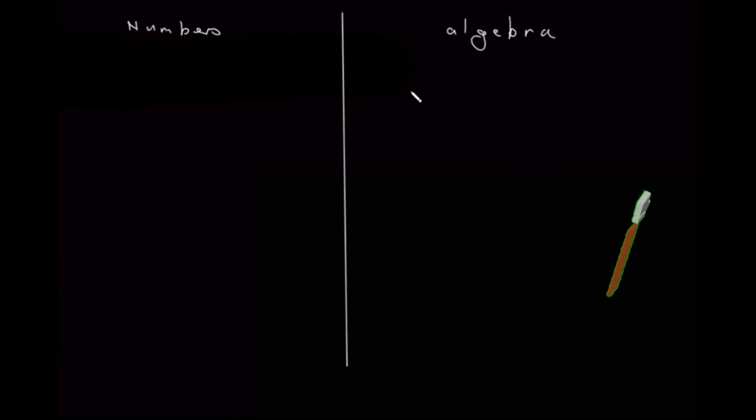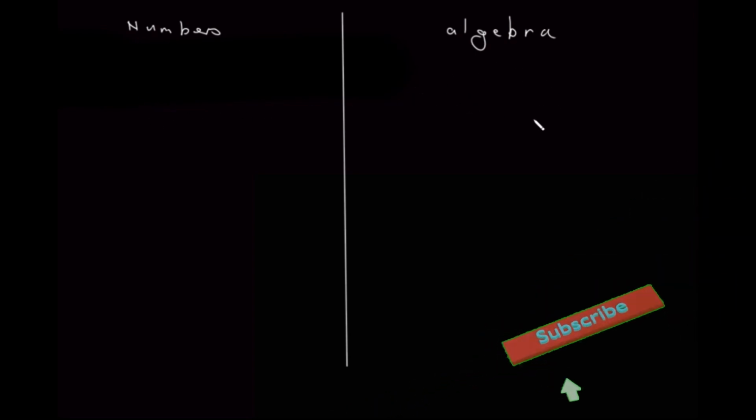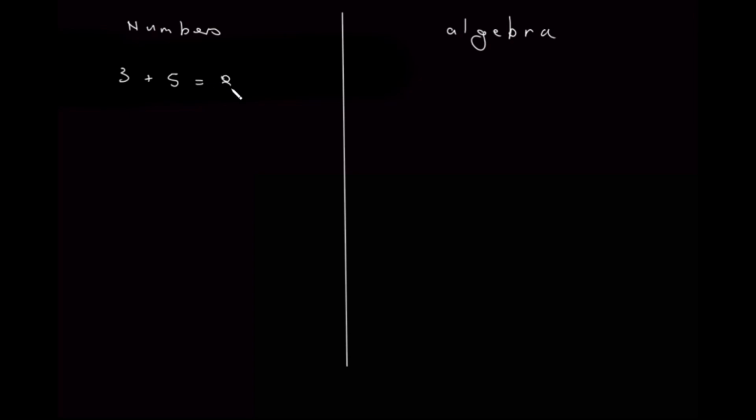And they're going to be representing exactly the same thing, so you can see what's happening with the numbers and compare it to what's happening with the use of letters. We had 3 plus 5 equals 8 as the numbers. On the algebra, A representing the unknown value plus 5 equals 8.